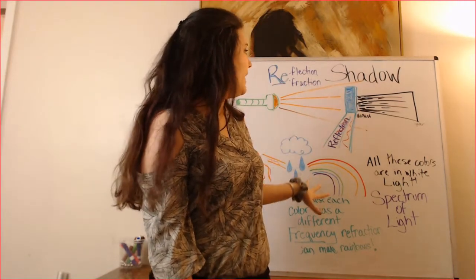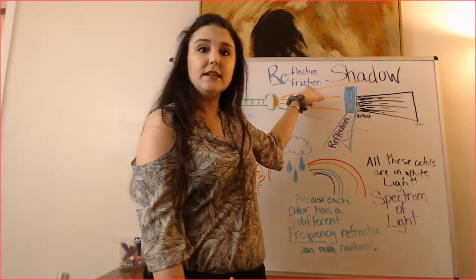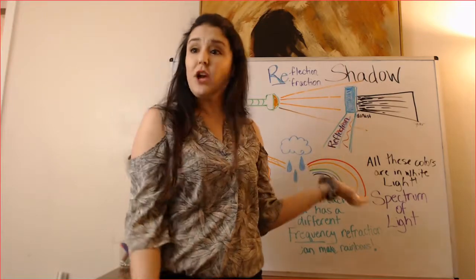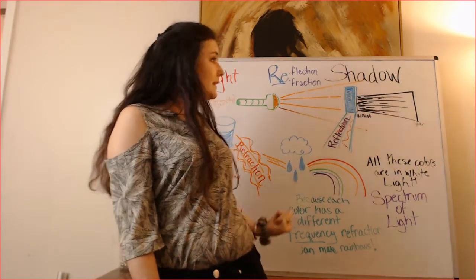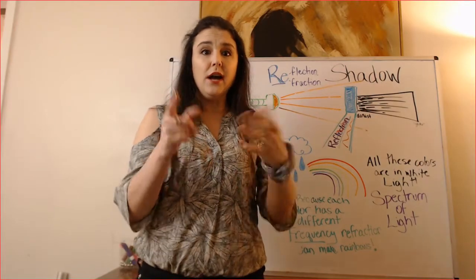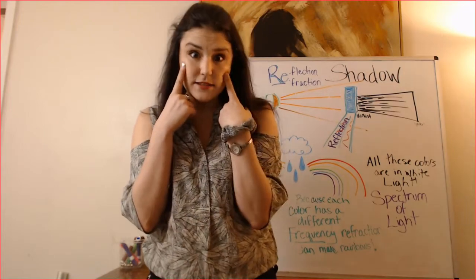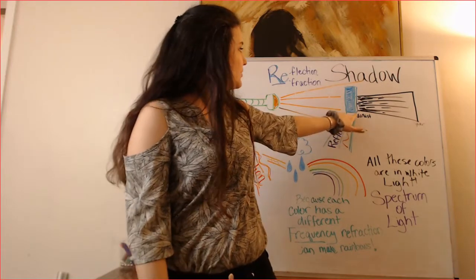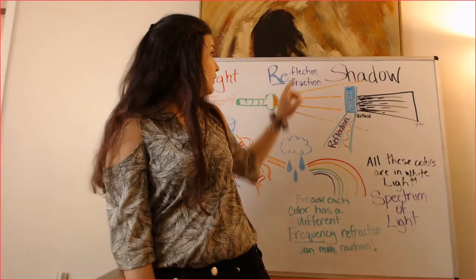Reflection is the light that bounces off, and refraction is how light is bent. So a reflection, just like your reflection in a mirror, is the light that bounces back to your eyes. So when you look in the mirror, the light of the image of you is reflected into your eyes. Pretty cool, right?